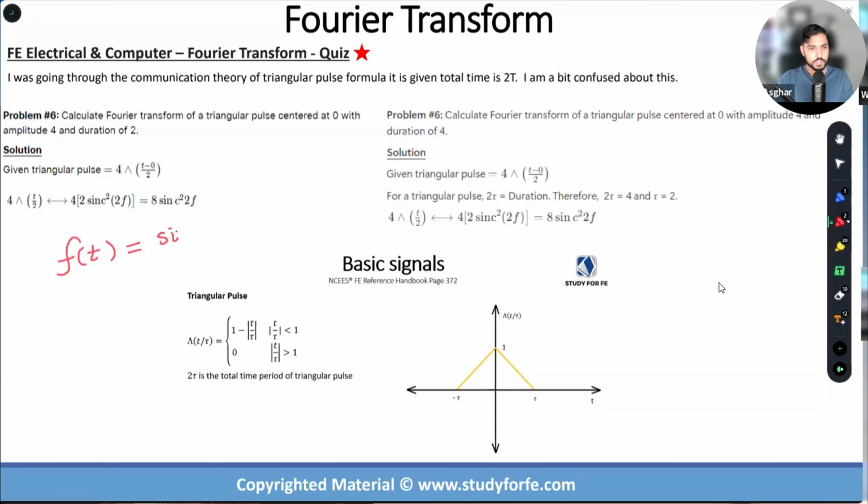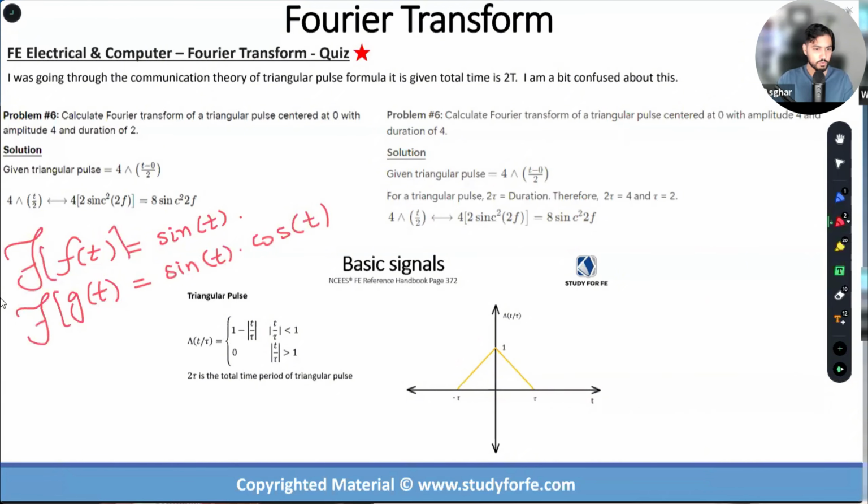If I give you a function f of t, which is sine of t, and another function called g of t, which is sine t dot cosine t, and I ask you to figure out a Fourier transform of this and a Fourier transform of this.